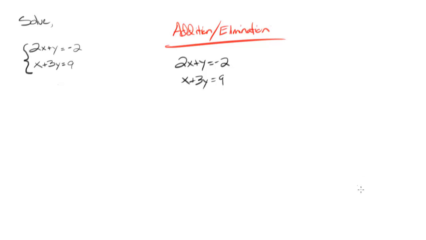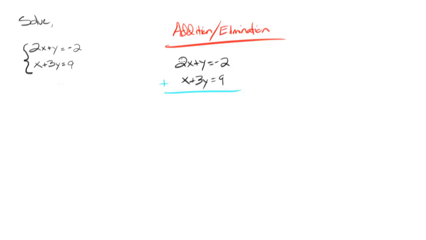All right, the addition elimination method. The addition elimination method introduces a new concept, that you actually can put these two equations together through addition. I'll just show you real fast what that looks like. If I wanted to add these two equations, I just have to make sure my variables are lined up and my constants are lined up.